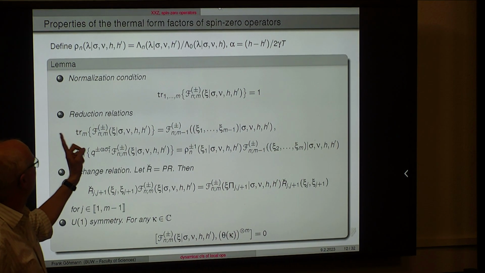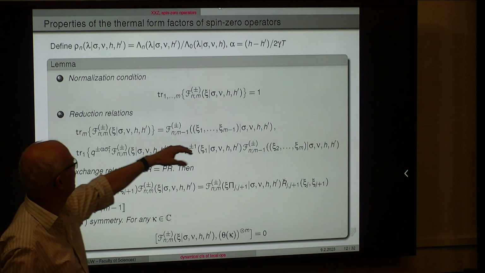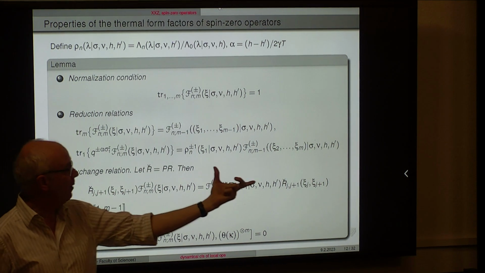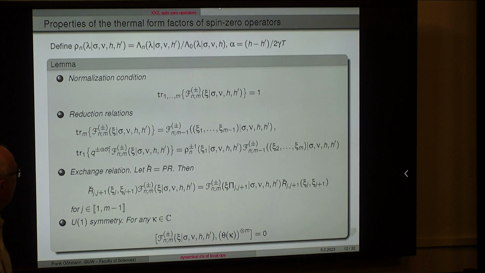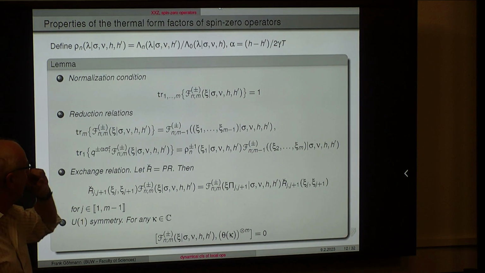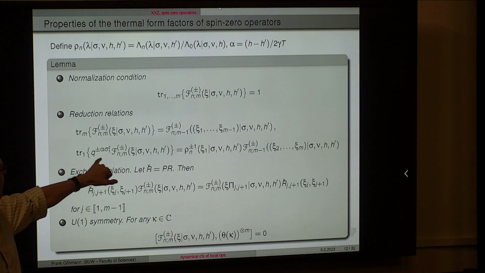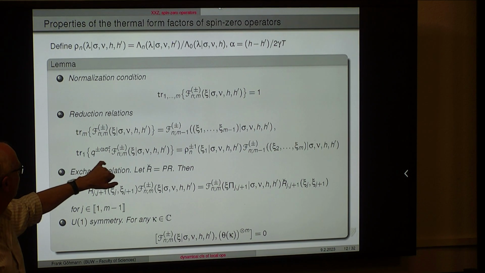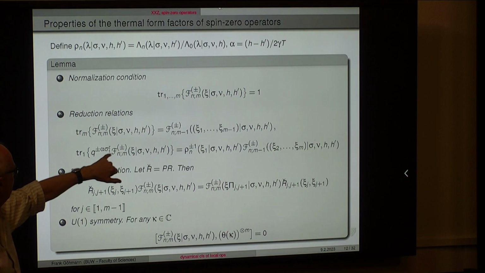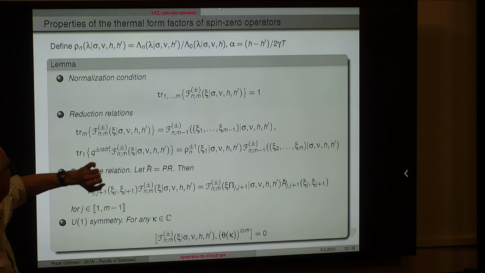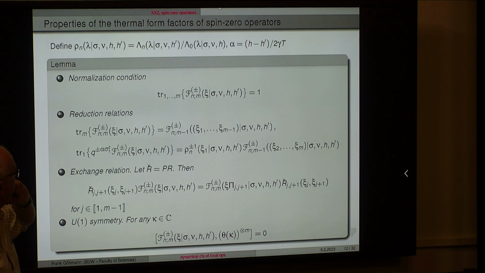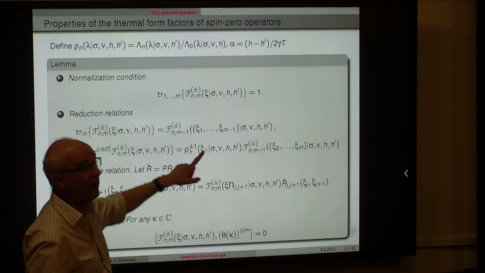If you do it only with the first space, or the last space, it reduces to the object which is one site shorter. If you want to do the same thing with the first site, you have to introduce such an operator q to the plus minus sigma z because of the different magnetic fields, and then you get this factor rho n.